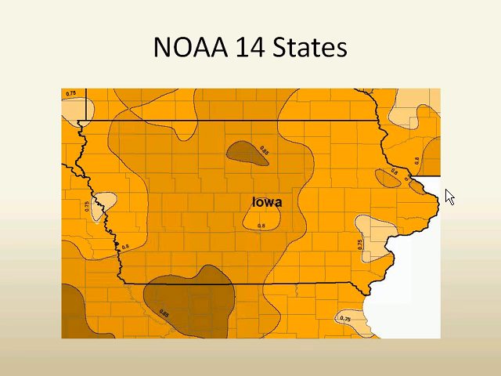Here's an example of Iowa and rainfall data for that state. Now, if you're in Iowa and you think, well, I've never seen that map before, it's because this is kind of a test map that we have recently created to see what maps might look like if we update Chapter 10.